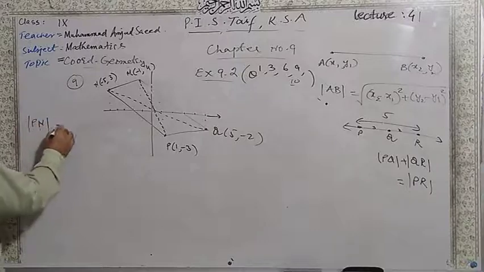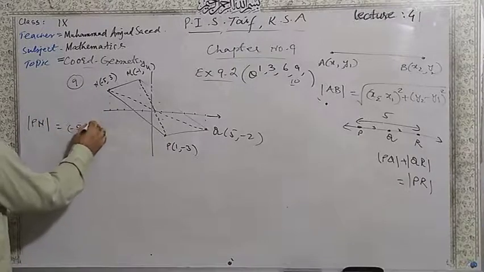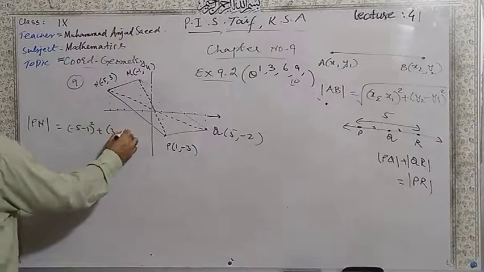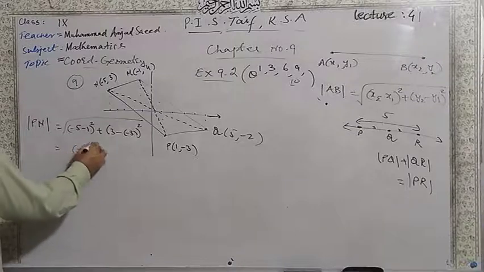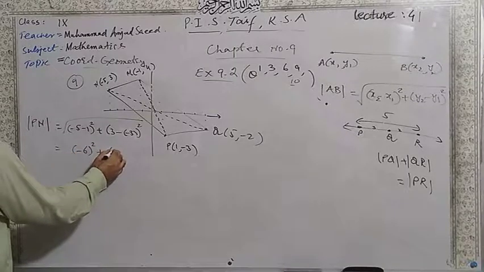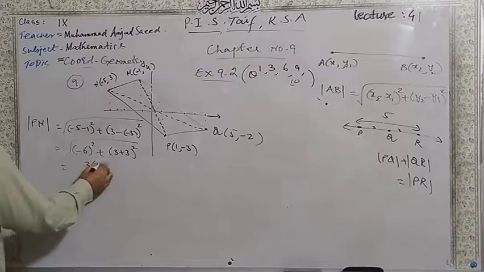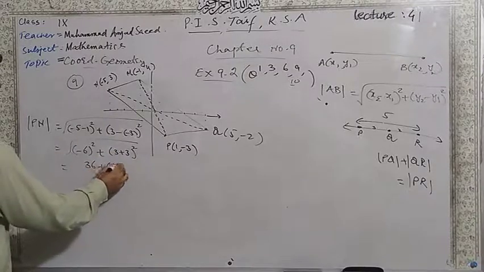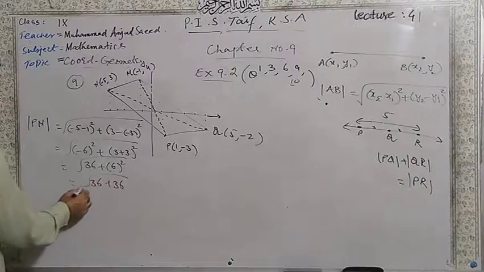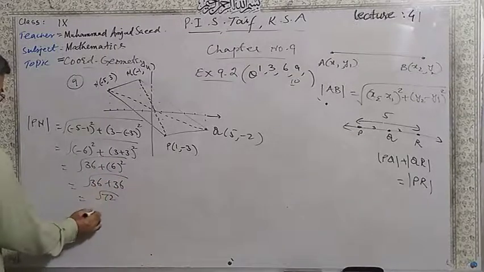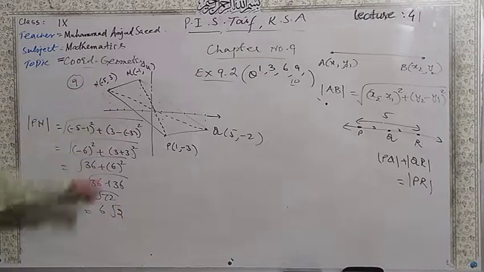So here, |NP| is the square root of (first minus first) whole square plus (second minus second) whole square: (-6) square and (3 plus 3) square, under root, 36 plus 36, that is 72 under root, 6 into 2 under root. This is NP.